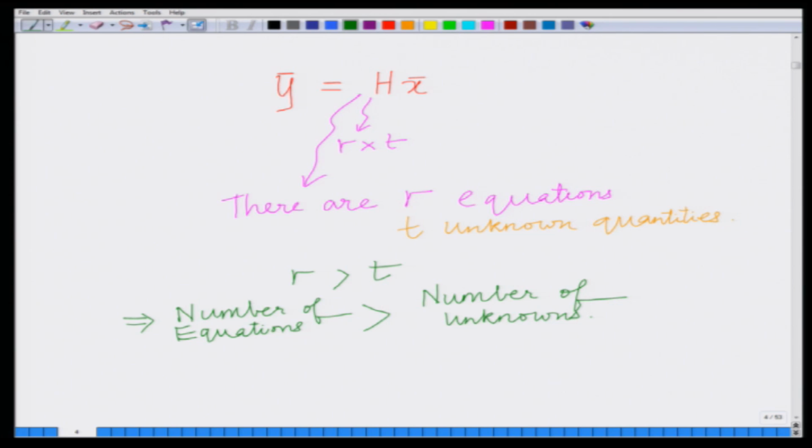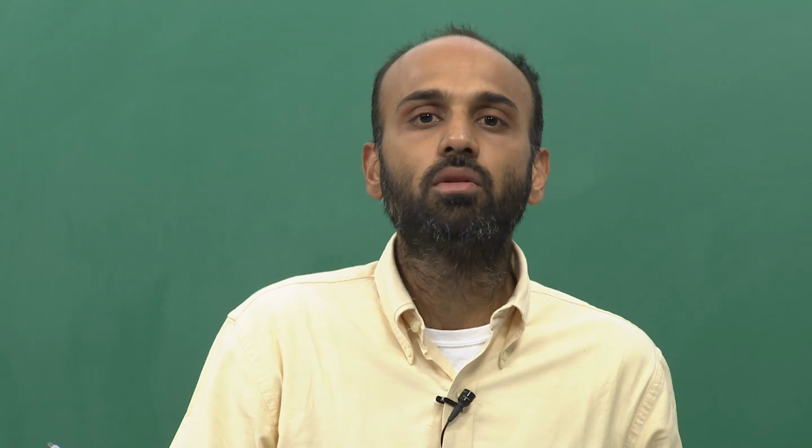Therefore, this is an inconsistent system of equations. That is, we have a scenario where we have more equations than unknowns. Therefore, we cannot exactly solve for this vector x from this system of linear equations.